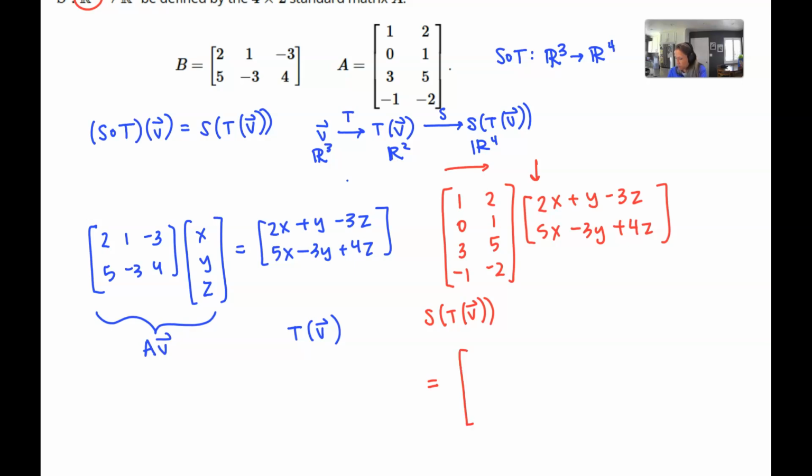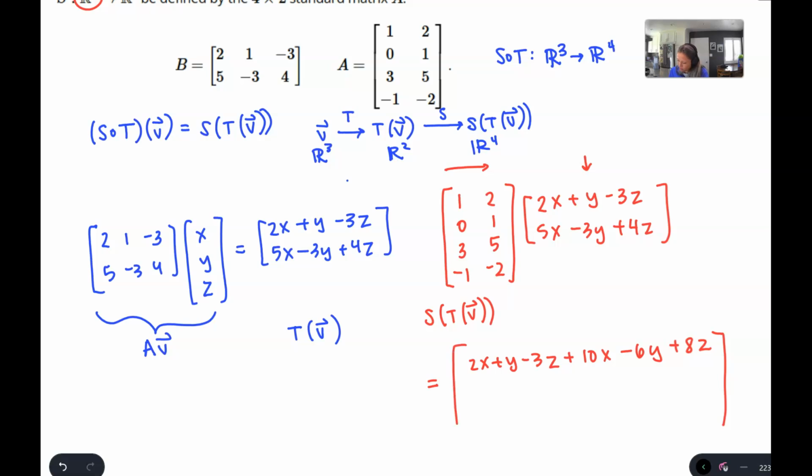So, gross. I'm going to need one of the first element. There are 3 terms in that element, so part of me wants to treat those separately, but I'm going to go ahead. So this will be 2x plus y minus 3z, and then plus 10x minus 6y plus 8z, 2 times that second component. Really need larger brackets on all this. And then we move down to the next one.